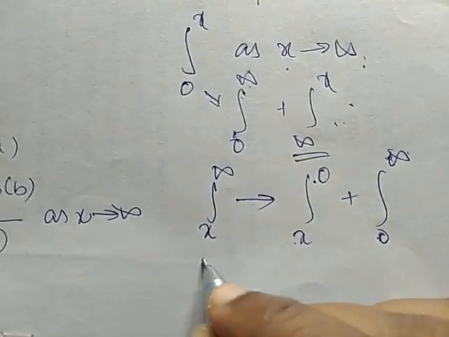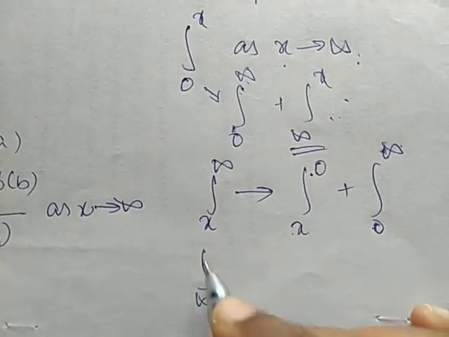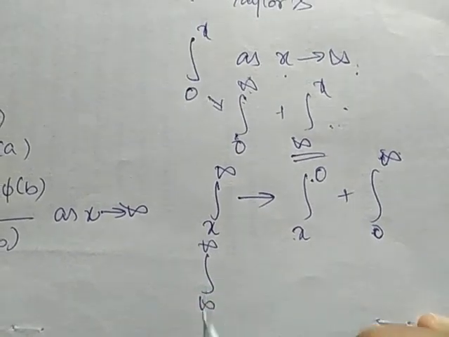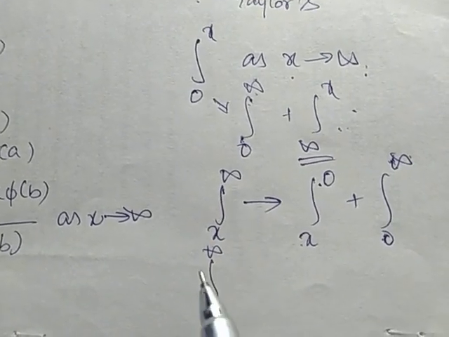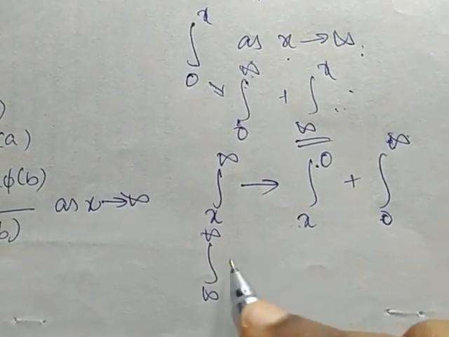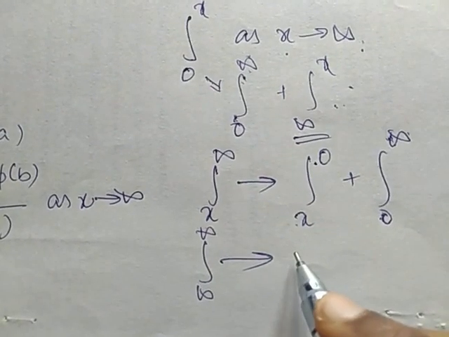So, whenever we have a limit up to infinity, it means somewhere x is there and x tends to infinity, so we can go for integration by parts.